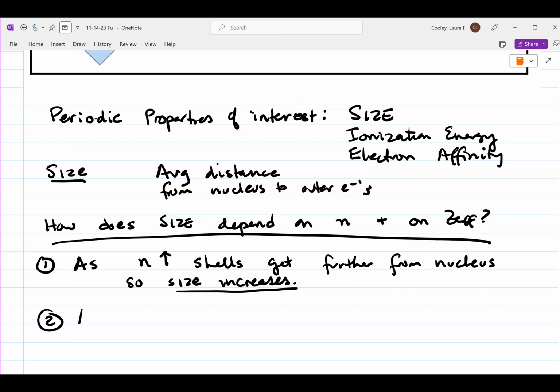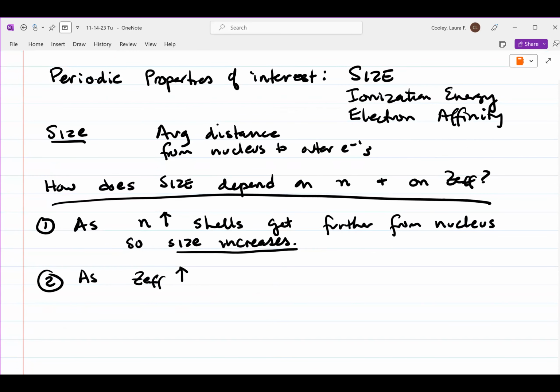Now, what about effective nuclear charge? As effective nuclear charge increases, what does that do to the size of an atom? We're talking about the attraction of the outermost electron to the nucleus. As that increases, what's that going to do to the distance? Yeah, it's going to pull that electron closer into the nucleus.